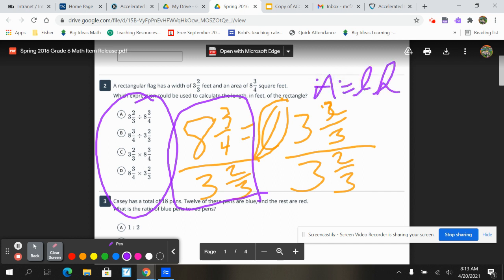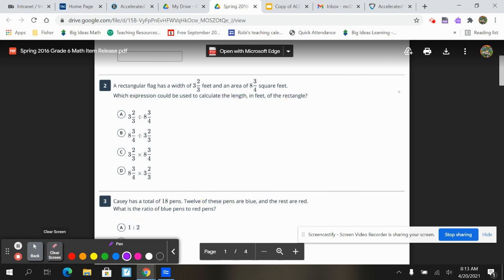Oops. Length times width. Sorry about that. Okay, so you had 8 3/4 over 3 2/3. Okay, what did we talk about the second week of school about knowing the divisor and dividend? Remember? Yeah, and right here it is. Which one goes behind the symbol?